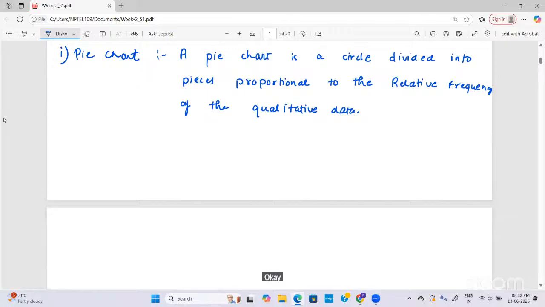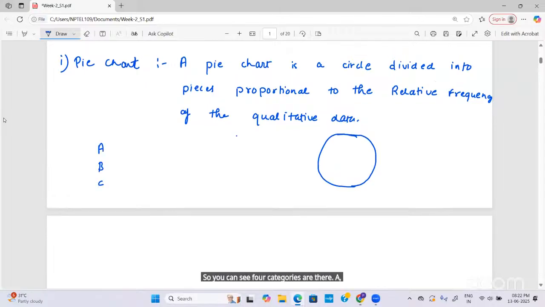So a pie chart is basically a circle, right? You can see 4 categories are there, A, B, C, and D. The relative frequency of A is 0.4, and for B it is 0.2, again 0.2 and 0.2.